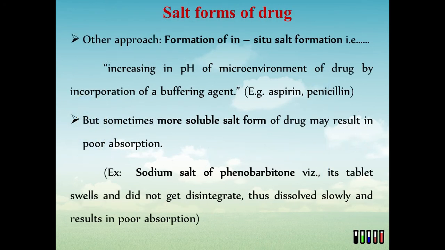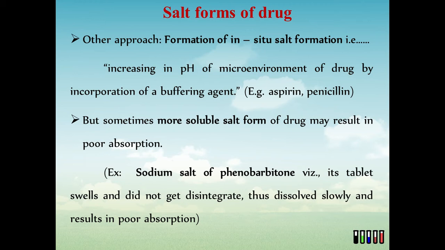Then for the salt form of a drug, one approach is in situ salt formation, that is, increasing the pH of the microenvironment of a drug by incorporation of a buffering agent. How can we form the salt in situ? In situ means inside your body only, at that particular site the salt form will get formed.